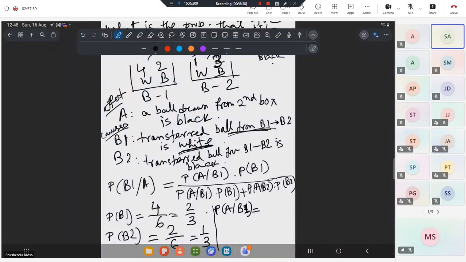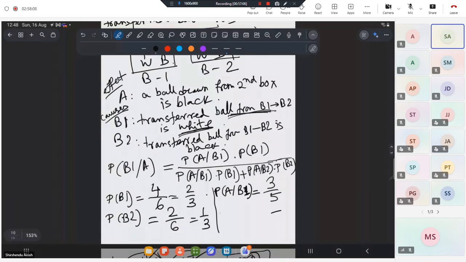Now box 2 has 2 white balls and 3 black balls, so the probability of a black ball is 3C1 over 5, that is 3 by 5.